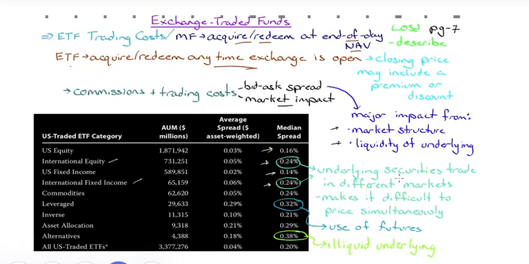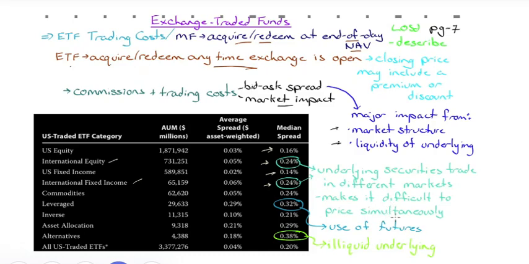And the reason is the underlying securities trade in different markets. So while the authorized participant can engage in arbitrage in the local market to keep the ETF price within some arbitrage-free range, what happens if the creation basket dictates that certain stocks must be delivered that trade on an exchange that's now closed? Well, you can't buy or sell that one, so you can't really complete the creation or redemption process. It makes it difficult to price simultaneously.